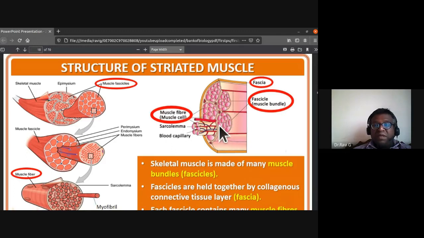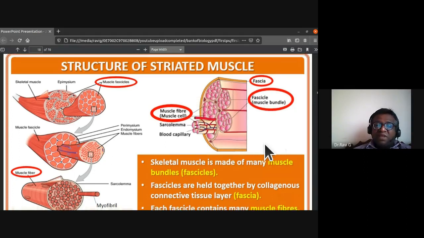We call these muscle bundles fascicles. Many fascicles are present. Fascicles are held together by the collagenous connective tissue layer, that is fascia. So the fascia holds them together.